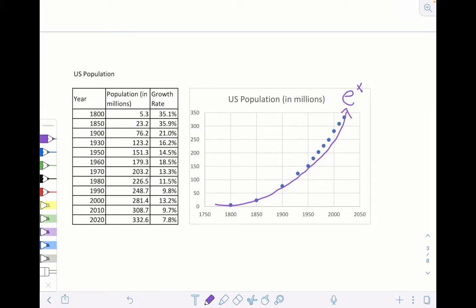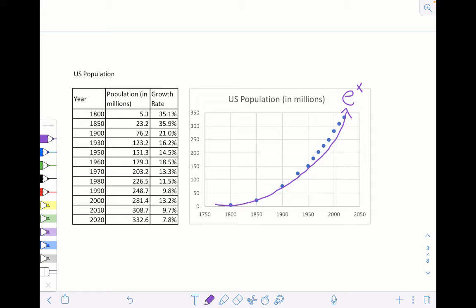For the purposes of the example that we're going to do in this video, I'm going to treat the population growth as exponential, but I am going to use some of the more recent data to try and give a better approximation for the actual model. There's a lot that goes into modeling.